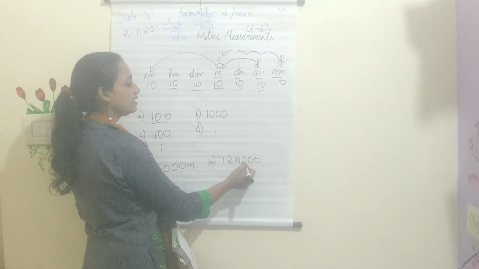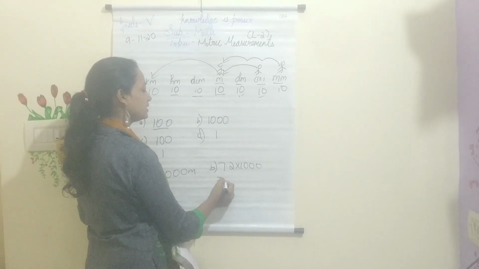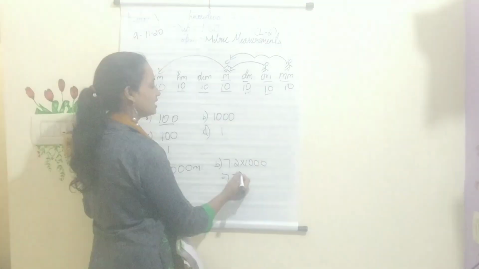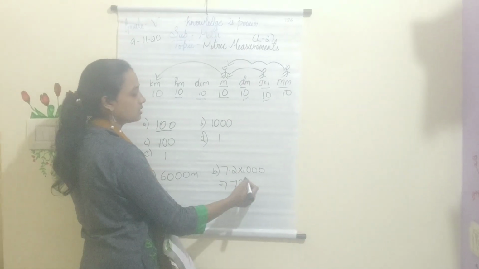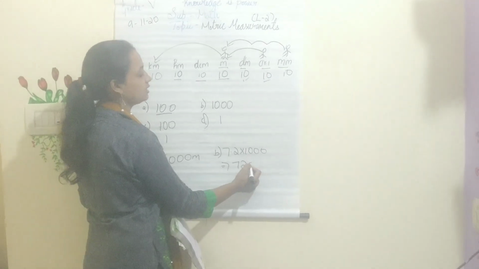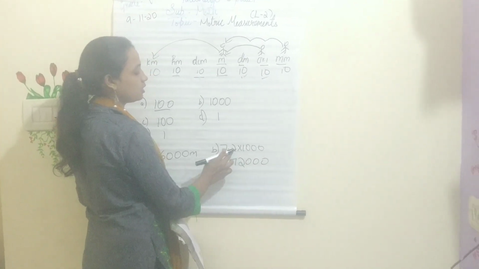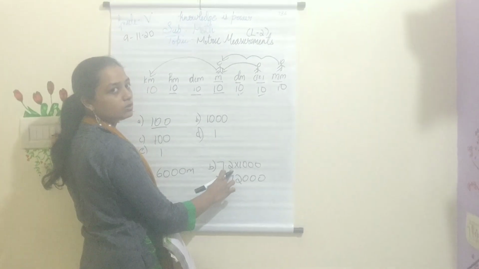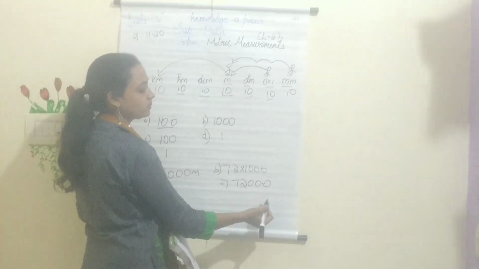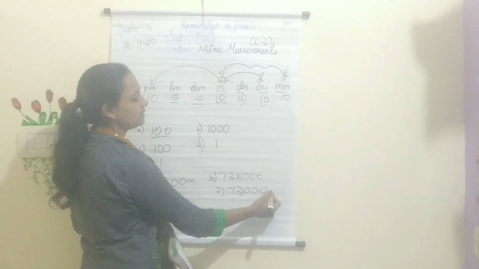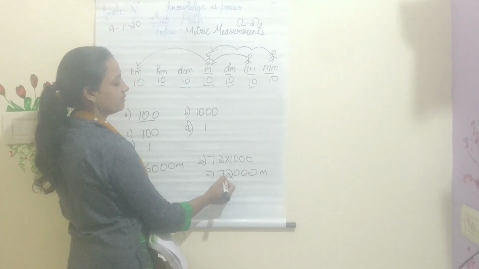First I'll just forget the zeros. I get 7.2. I'll keep the point in the last. 7.2 and 3 zeros. So how many decimal numbers do you have? Only one decimal number. So after one number, keep a decimal point here. So this is my answer, 7200.